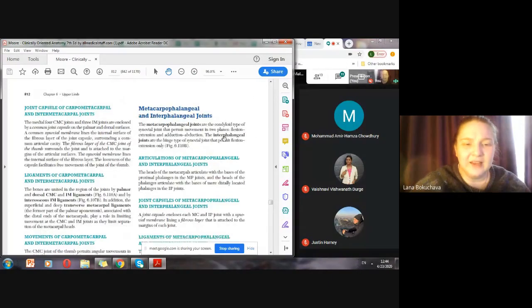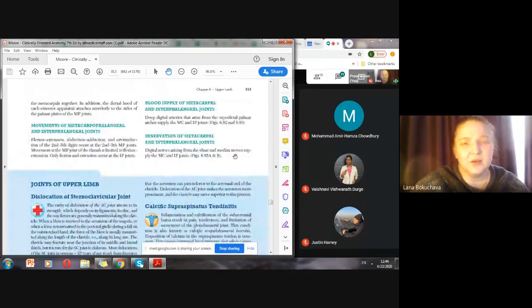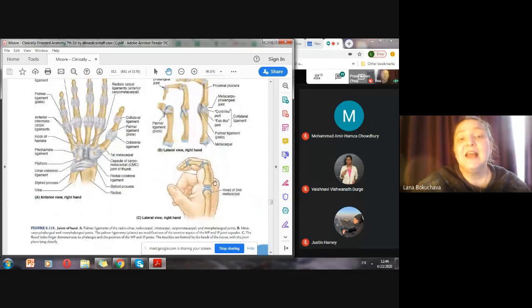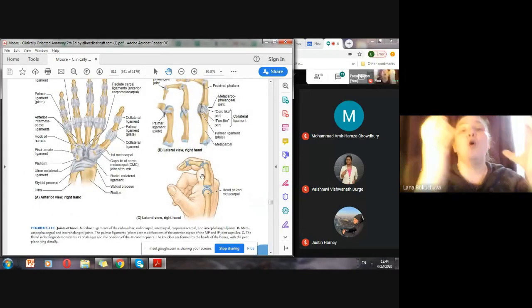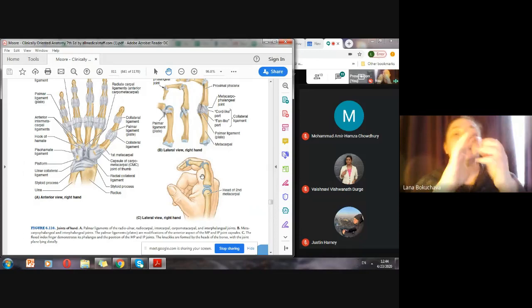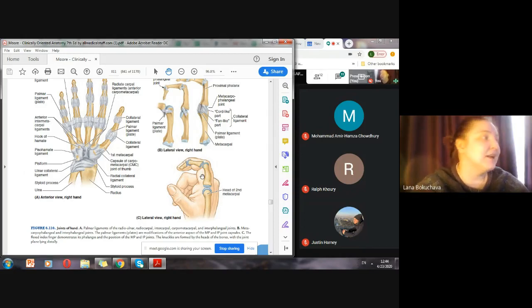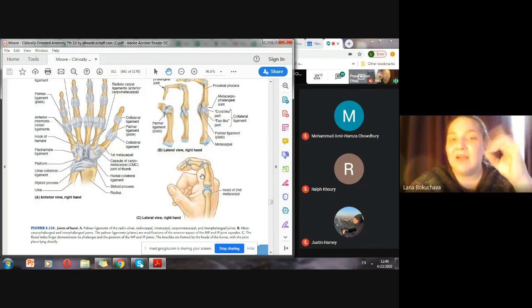I don't know if we have a better picture in this case, but okay, unfortunately not. What you can see is that the surrounding of all of these ligaments helps to reinforce this movement and the structures, and as a result produces most of the movements of the hands. It can be flexion and extension, which is the most common, but at the same time, because we have the accurate type of movements, do you remember we've talked about that?